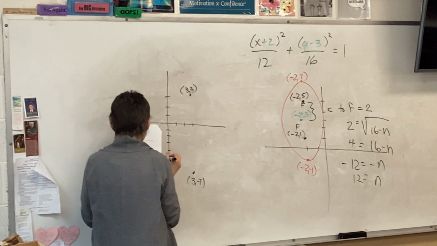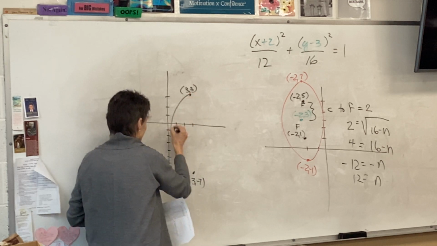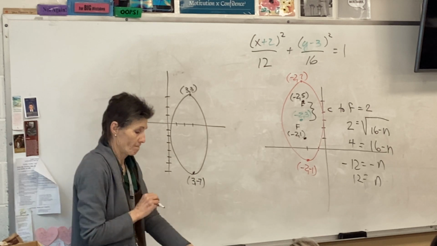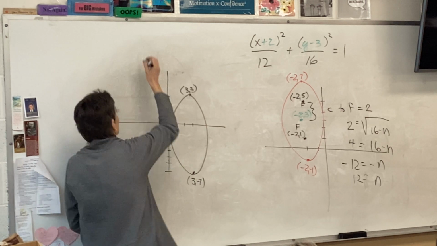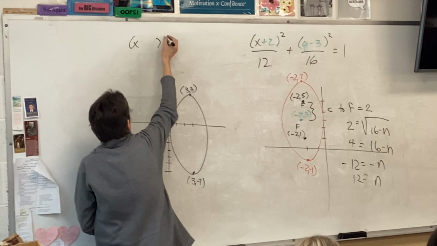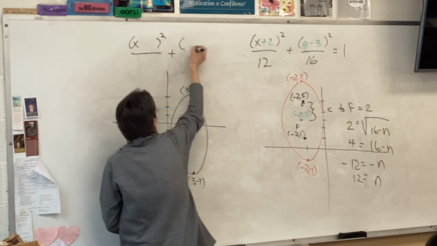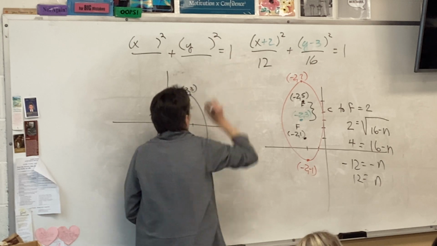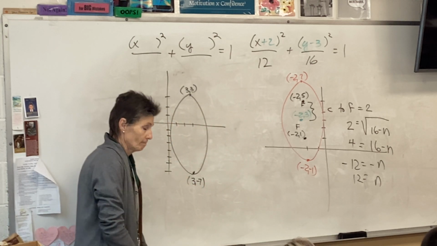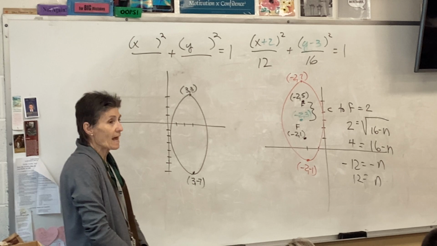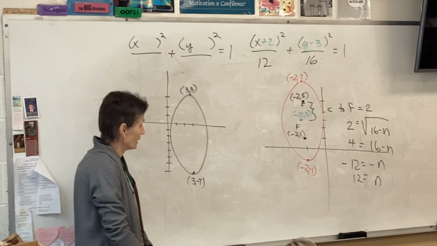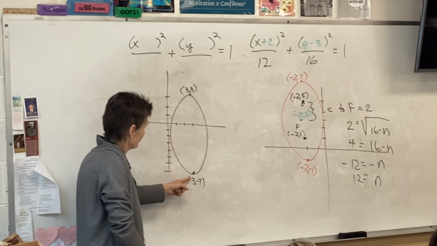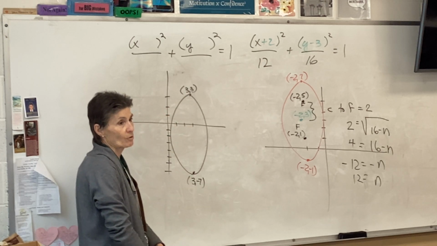And these are the end points of the major axis. So what does that tell me? Does that tell me anything? Leslie, what do you think? Does that tell me anything? Those are the end points of the major axis.